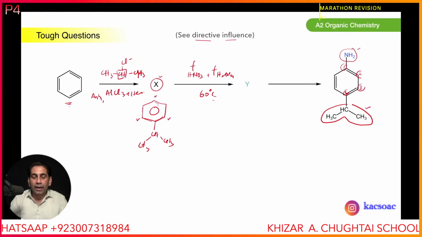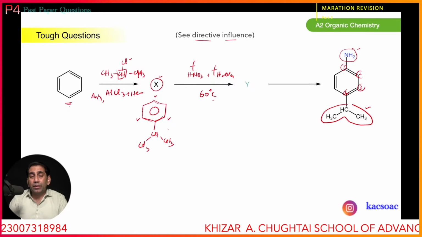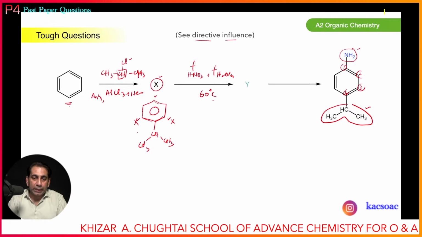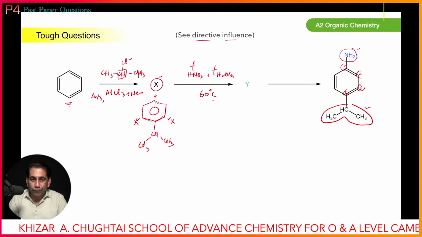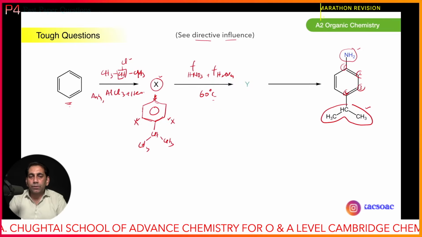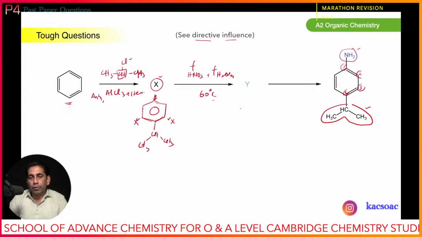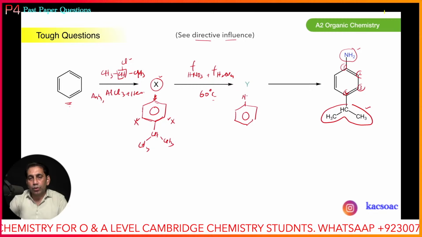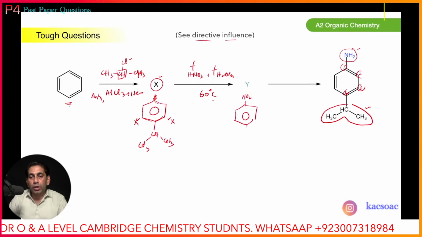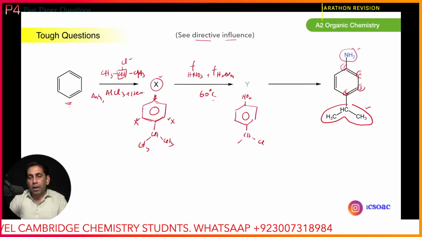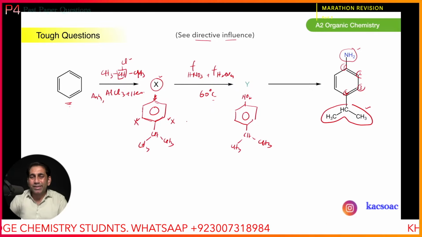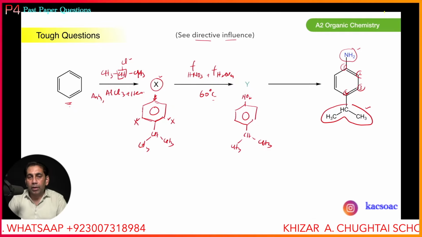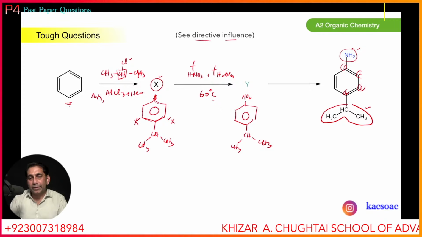I mean, there are the 3 active positions because of this group. But this is a bulky group, so these positions are least likely to be occupied. So its para position, that is the 4th position, here I'm going to introduce the nitro group. So the more chances of the nitro group should be there. It is called the major product. Yes, there will be minor products as well, those having NO2 group over here, but I'm going to have this one.